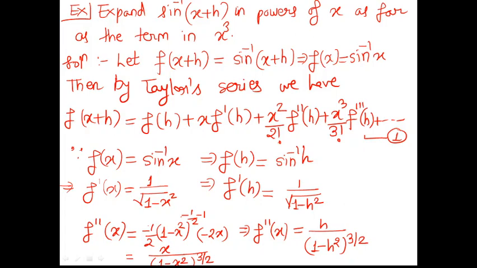Now let's differentiate this again, x upon 1 minus x square to the power 3 by 2. So what we have? We have the triple derivative of the function. So x upon 1 minus x square to the power 3 by 2 on differentiation, we will apply a product rule. So what we have? x is the first function.